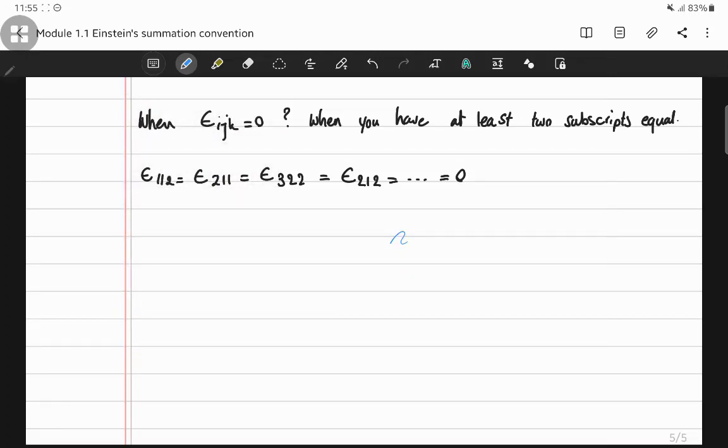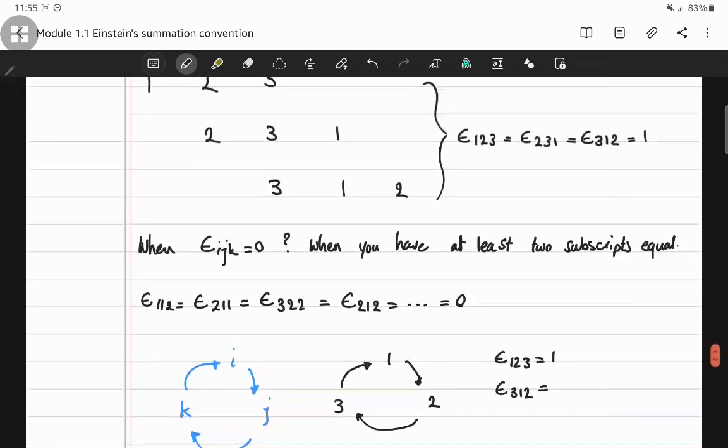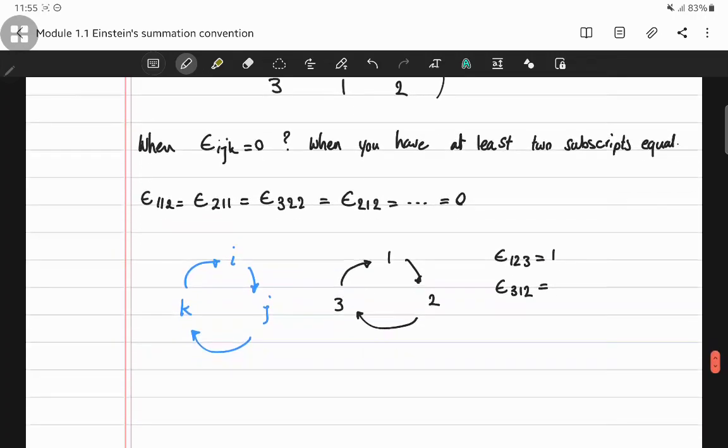So suppose you have a circle like I, J, and K, and these arrows here show the clockwise rotation. So if you have, for example, epsilon 1 2 3, it is 1. If you have epsilon 3 1 2, as we saw here, it is 1 again.